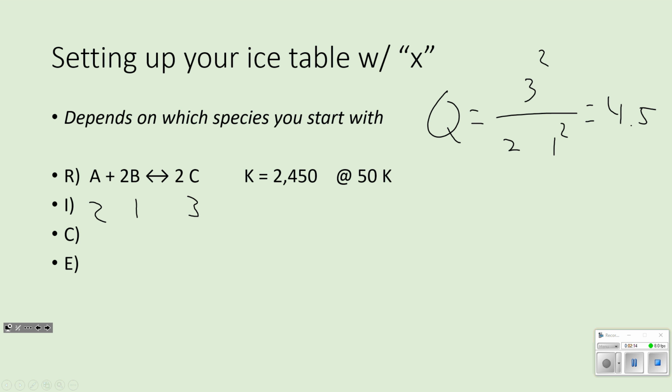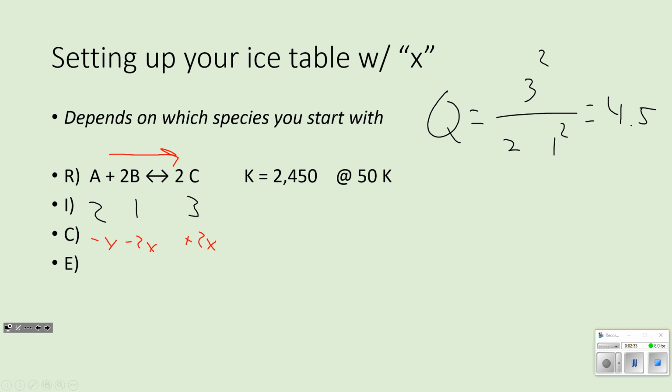So that should tell me then that the reaction is going to have to go in this direction. This would have to lose an X. This would have to lose a 2X. This would have to gain a 2X. And then I could do equilibrium math beyond this problem.